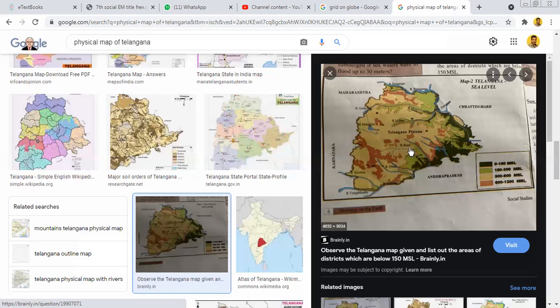But how to understand here? If a place is at more height from the sea level, those places will be cool. That's why Simla and some other hill stations are cooler in the summer also. In winter we cannot bear that climate, but in summer we can enjoy.